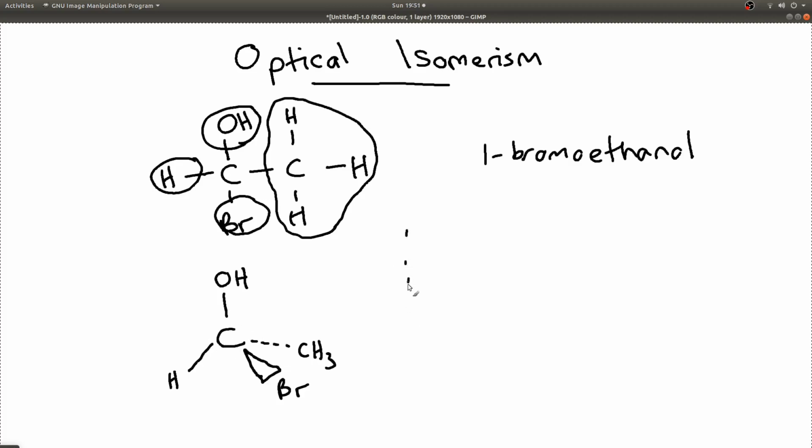Now if we imagine a mirror here, imagine that's our mirror, and we imagine mirroring this molecule in that mirror, what's it going to look like? Well, bonds that are closest to the mirror on this side are going to be closest on this side as well. So what we're going to have here is our CH3 group.